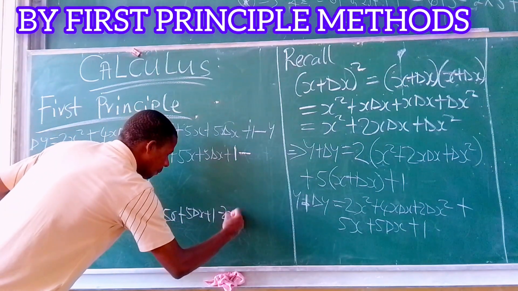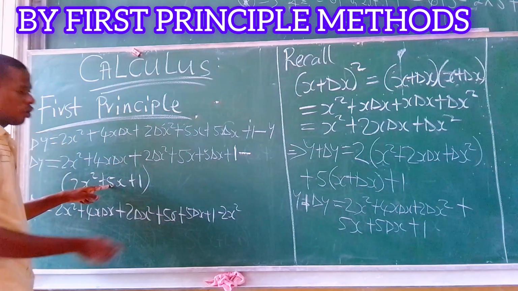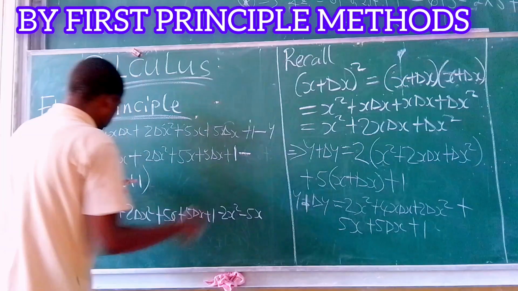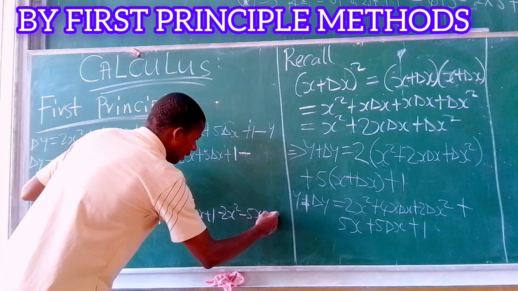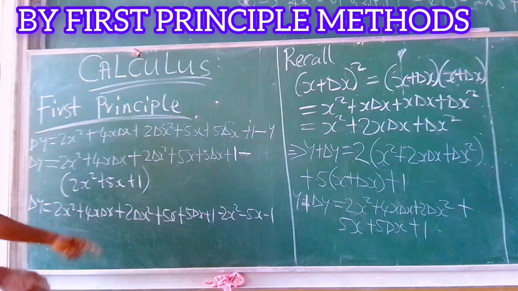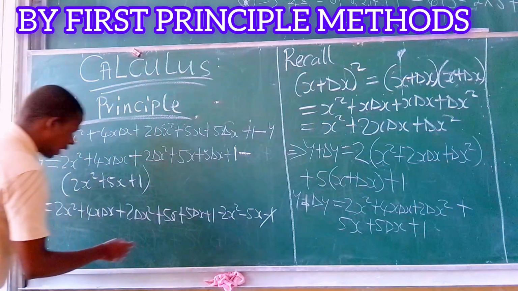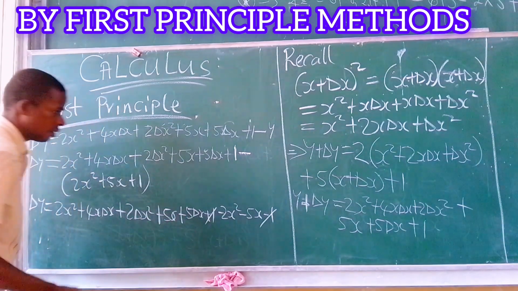Then minus times 2x squared will give us minus 2x squared. Minus times 5x will give us minus 5x. Minus times plus 1 will give us minus 1. Now if you check there, something can cancel out. Minus 1 can cancel out 1, right?